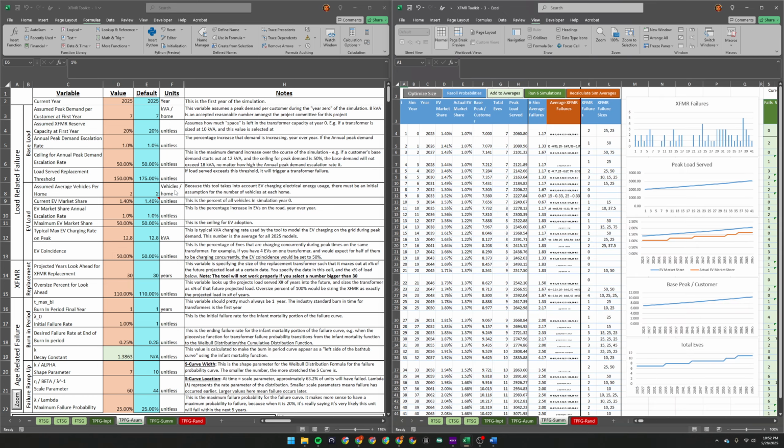Moving on, the annual peak demand escalation rate. This is a variable to account for people using more energy year after year, getting more devices, doing more cooling, whatever it may be. The general trend has been people using more energy.